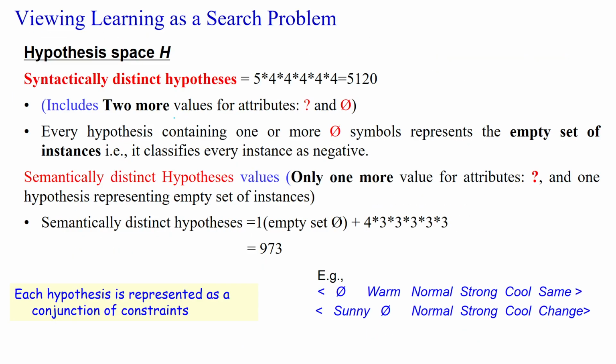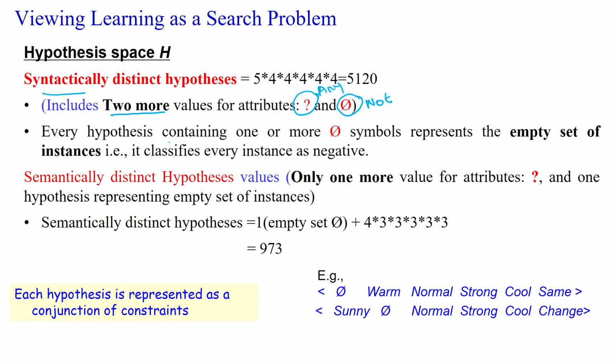With this we will add two more values for the syntactic hypothesis section. So the two more values are the question symbol, which means it will accept any value, and another one is the null value, which does not accept any value at all. That means empty, not accepting any value.